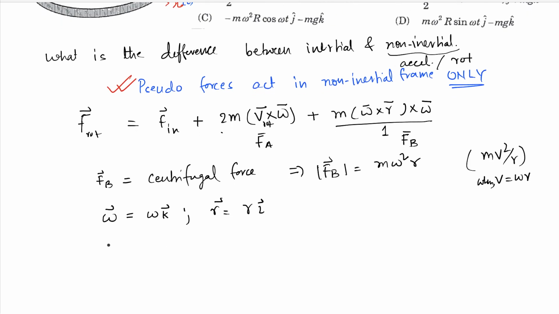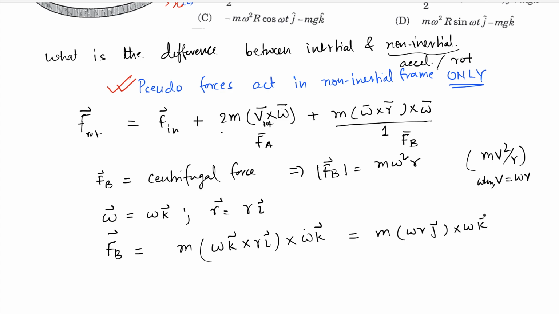So let's calculate Fb, m omega k cross r i cross omega k. Now omega k cross i is omega j, so omega r j cross omega k. These are cross products, by the way.